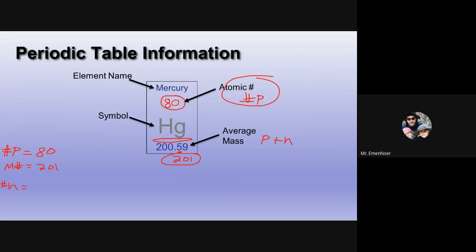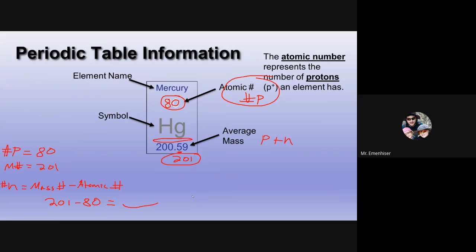If I take the mass number minus the atomic number, so 201 minus 80, that'll tell me how many neutrons I've got. And I'm not going to do that, but that'll tell us how many neutrons there are in an atom of mercury, or most atoms of mercury.